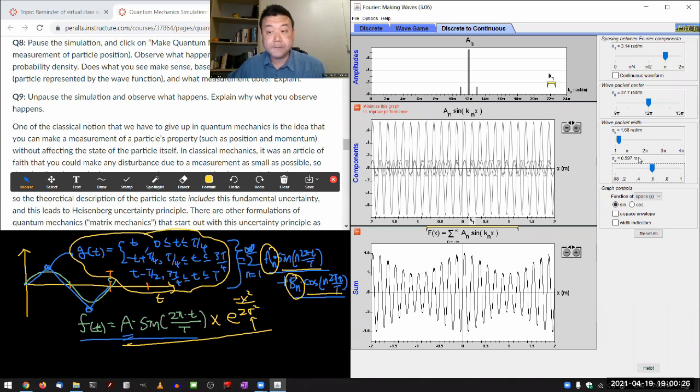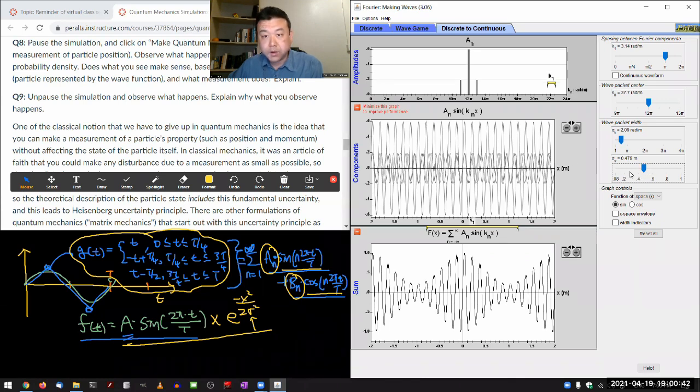And so as I try to localize this wave packet, you see that I have to introduce more and more of the other components that were not my initial frequency. And as I localize it more and more, here's a bit more sideband that's beginning to show.